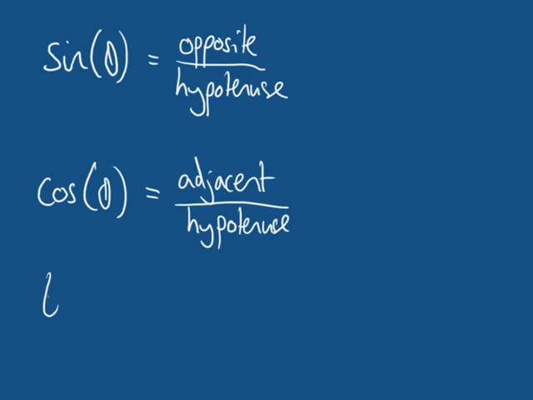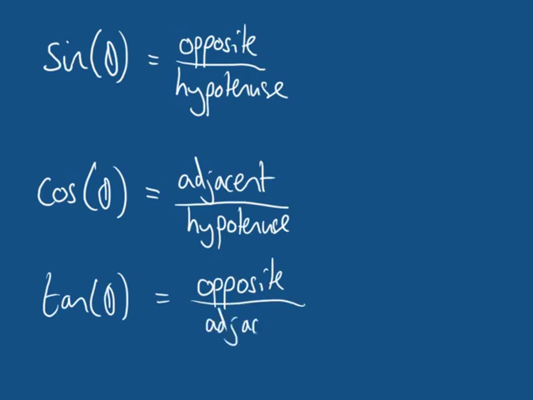And the tangent of that angle is equal to the opposite edge divided by the adjacent edge to that angle in question, theta. So these are our trigonometric ratios, and they're so incredibly useful that it really is worth remembering them.